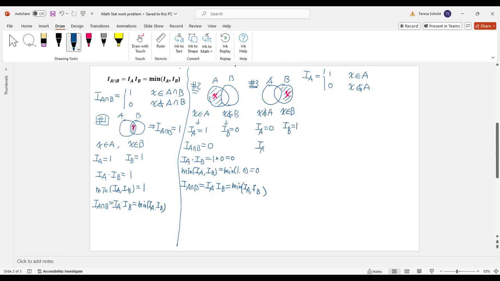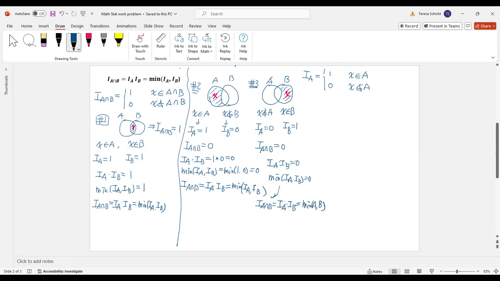The indicator of A intersect B is 0 because x is not in there. IA times IB is 0, and the minimum of IA and IB is 0. So in this situation, we are also able to prove that the indicator of A intersect B equals IA times IB, equal to the minimum of IA and IB.